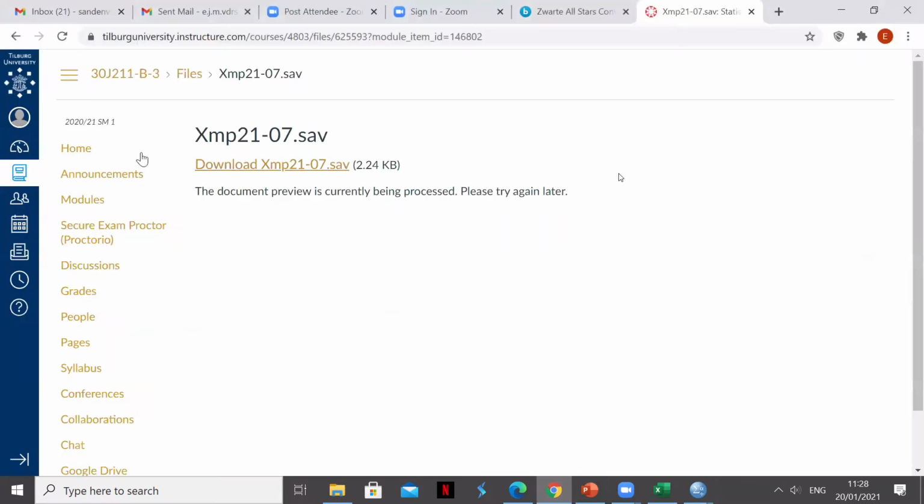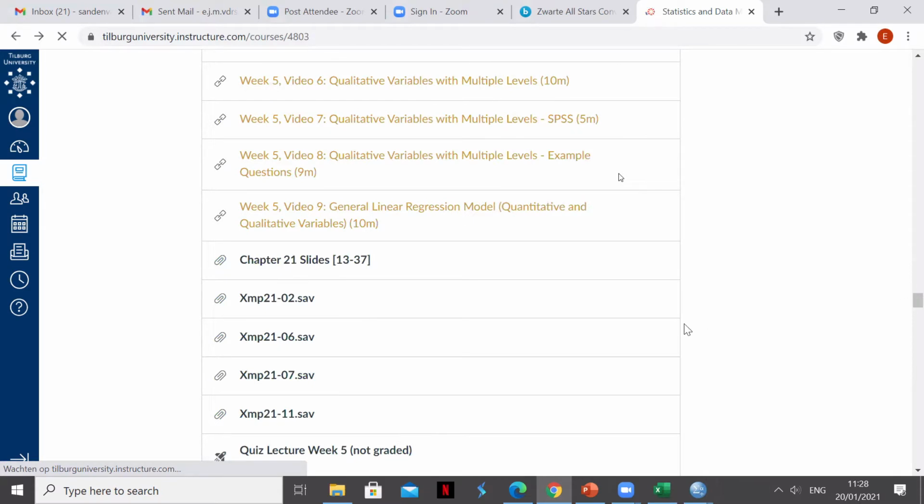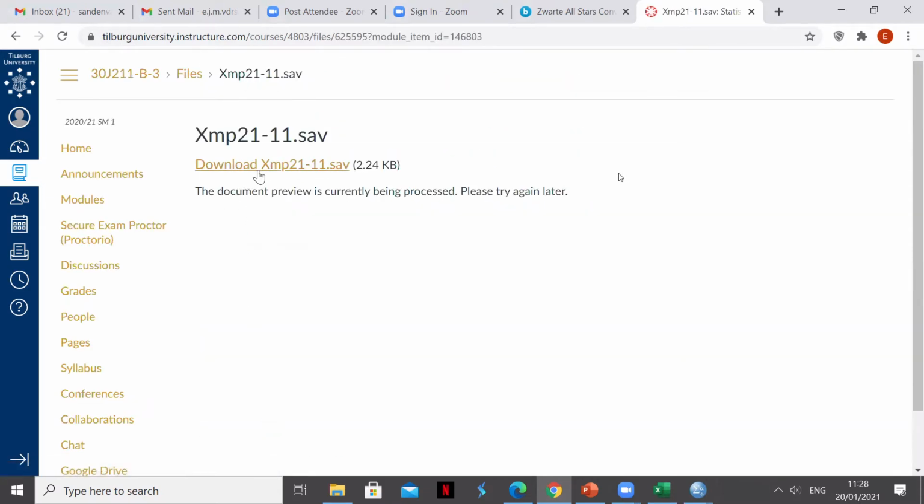So we go to Canvas. You download XMP 2111.sav.